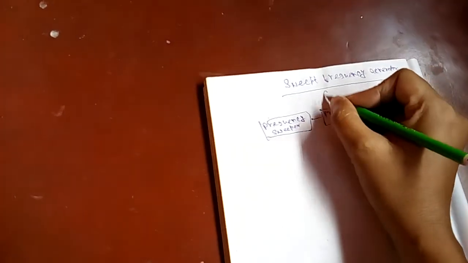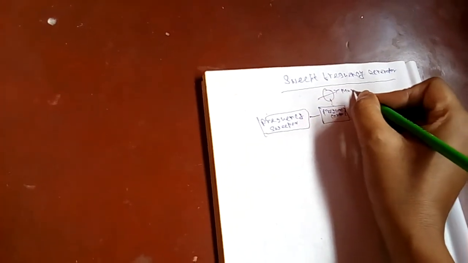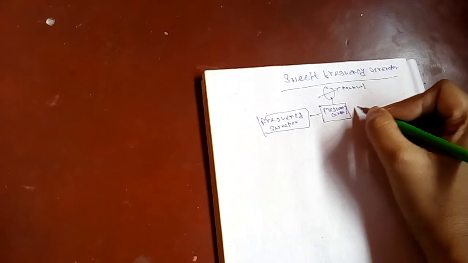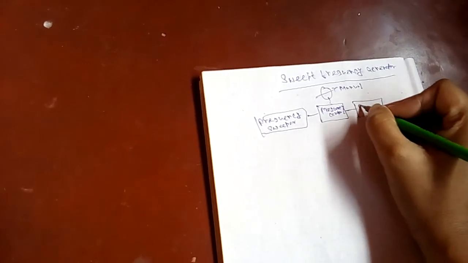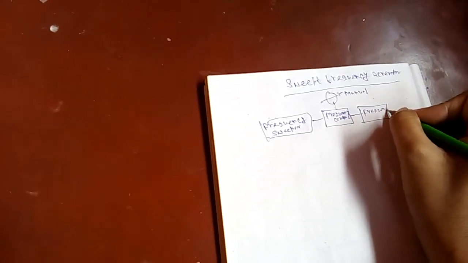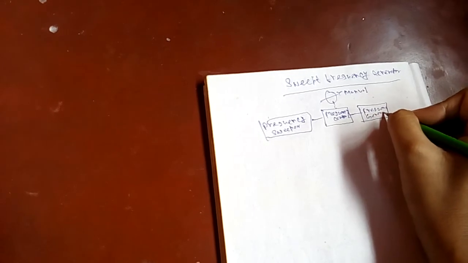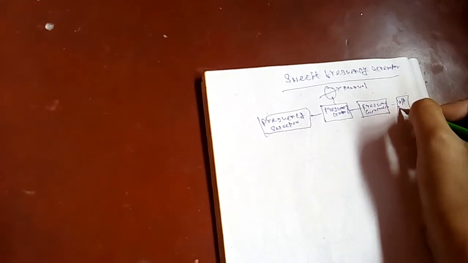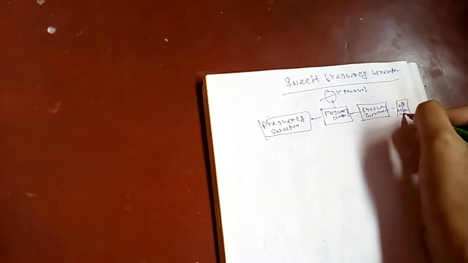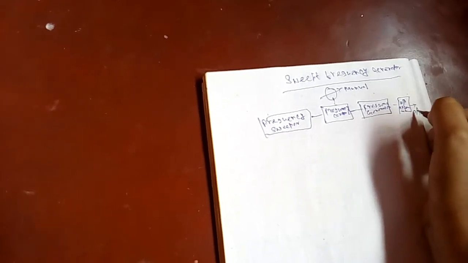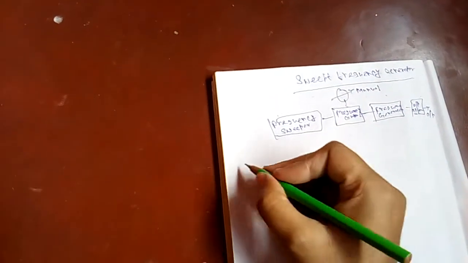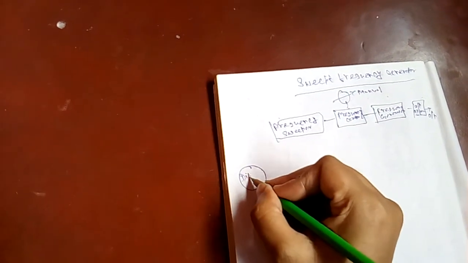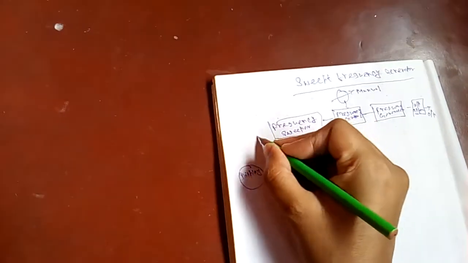This control is done manually. Then the frequency generation, and last the output attenuator, where we get the output. This is the x-axis for the display.